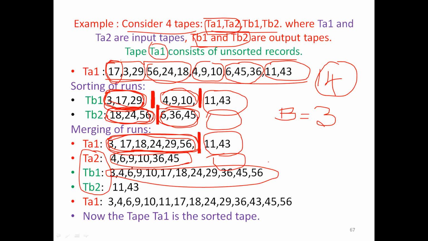Then I'll write back into TB1, and so on. Finally, I will perform the operation for the final sorted order. TB1 and TB2 are collected and sorted. Now tape TA1 is the sorted tape. So this is how the external sorting algorithm works.